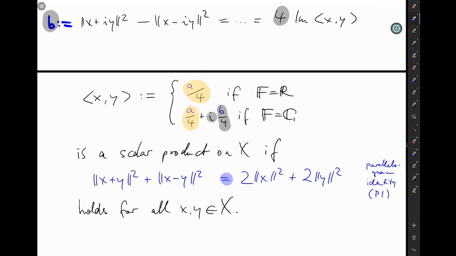It's called parallelogram identity because if you look at vectors x and y and you just draw this little parallelogram, then the one diagonal in it is just x plus y, and the other diagonal is just given by the vector x minus y.